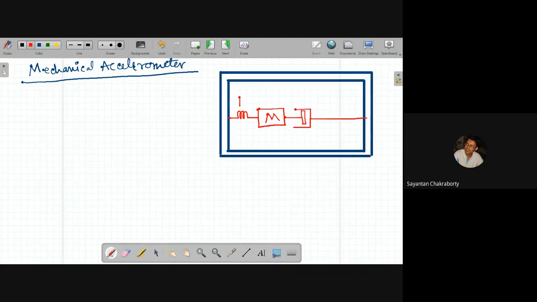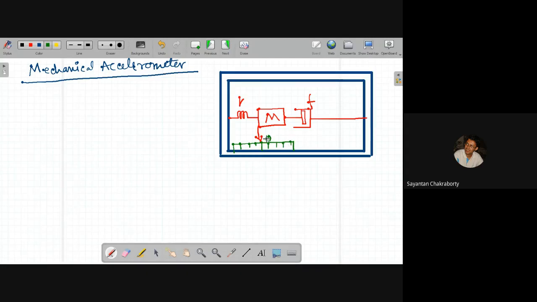Okay, the spring constant is K, the viscous friction coefficient F is the damper, and the mass is M. And this is graduated on a scale over here. This is the 0 point of the scale.